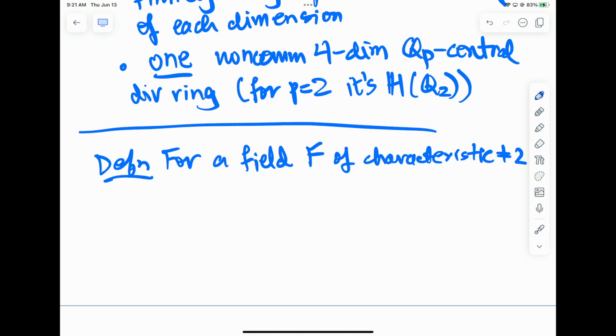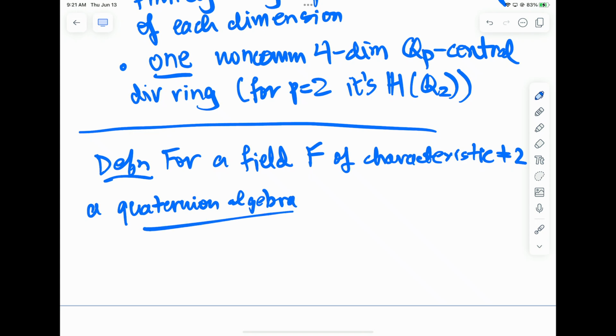For a field F of characteristic not equal to 2, a quaternion algebra over F is a ring of dimension 4, F plus Fi plus Fj plus Fk.